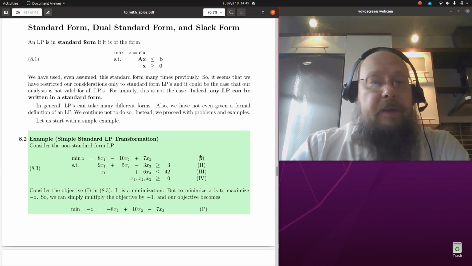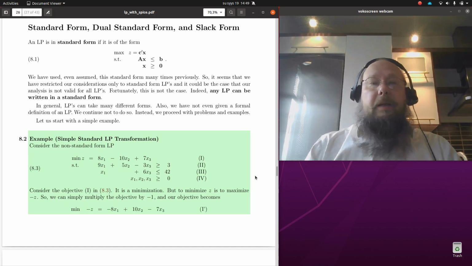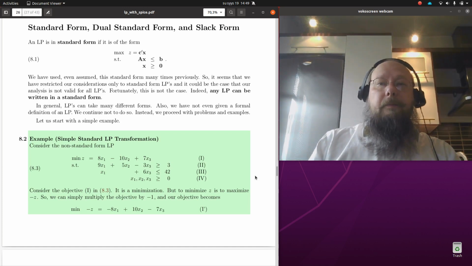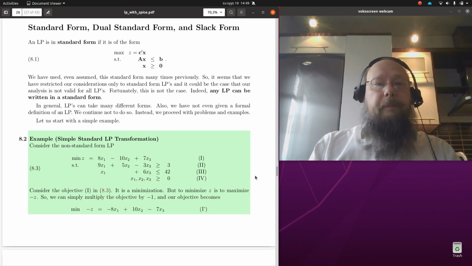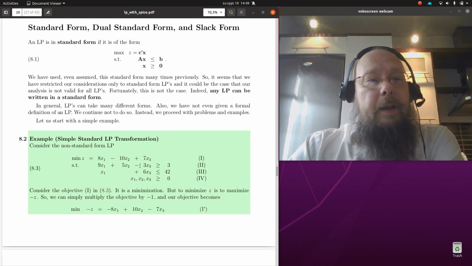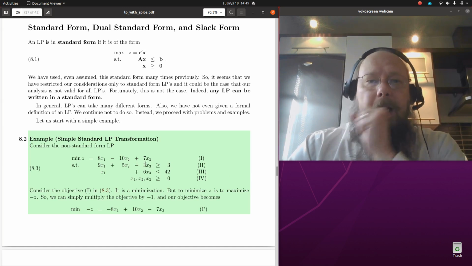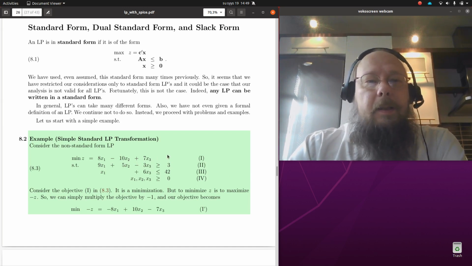And then I have these Roman numerals here, 1, 2, 3 and 4, just for reference purposes, so I can refer to these lines, since now I'm going to change these lines in order to make this LP a standard form. Alright, so that's our job now, to write this LP 8.3 into a standard form. And as is typical, let's start from the top and go towards the bottom.